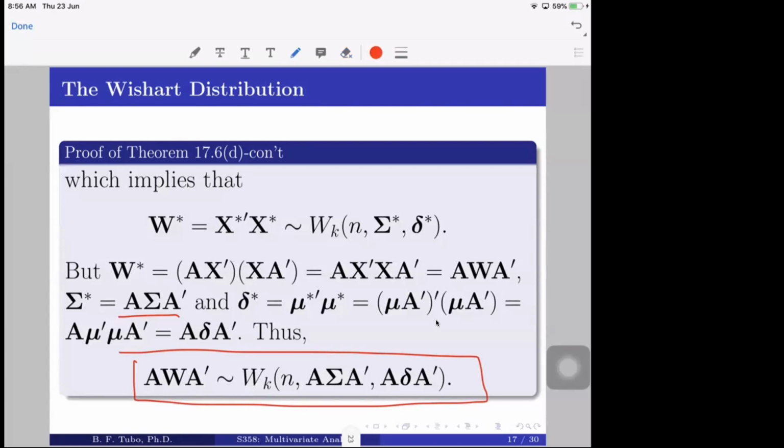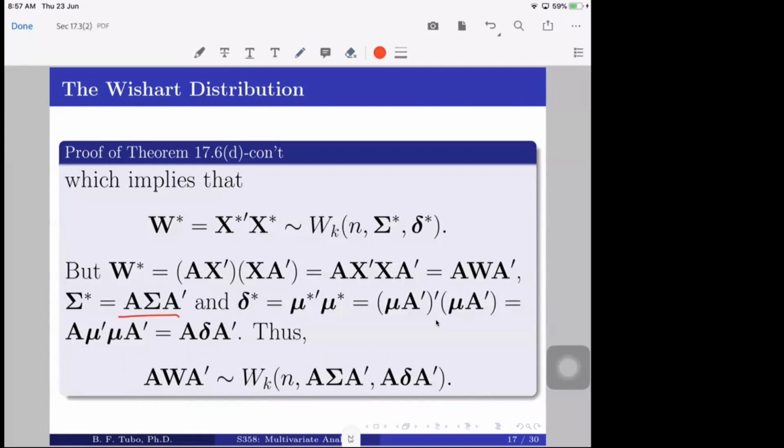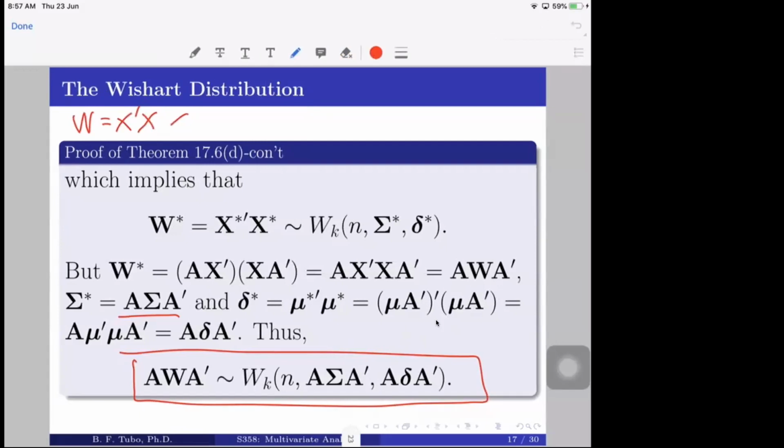So in summary, I want to emphasize that for W equals X prime X, all assumptions should be satisfied. That is, X should be normally distributed, and you have to look at what the parameters of your X will be: mu, psi, and sigma.